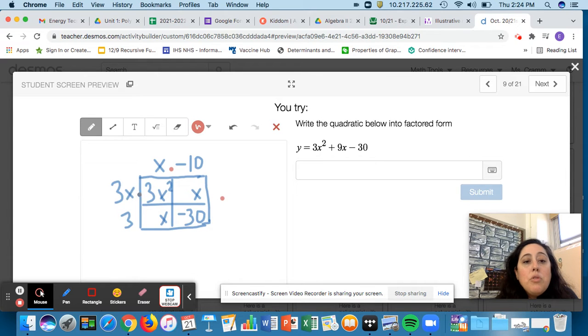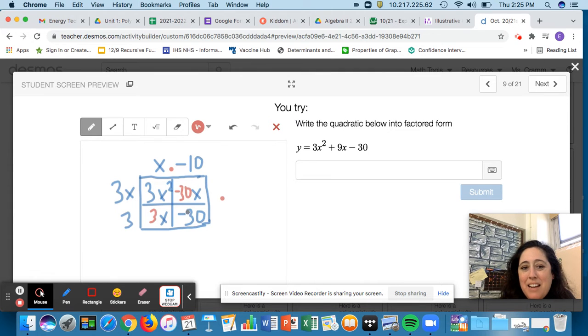All right, so 3x times negative 10 would give me negative 30x, okay? And here, 3 times x would give me a positive 3x, okay? So negative 30 plus 3, that would give me negative 27, right?